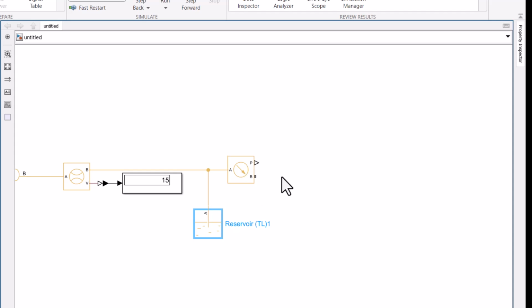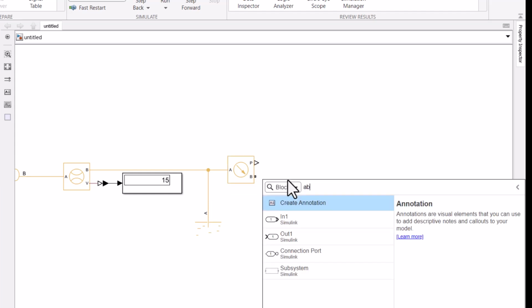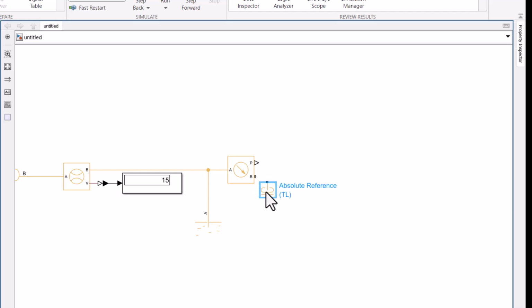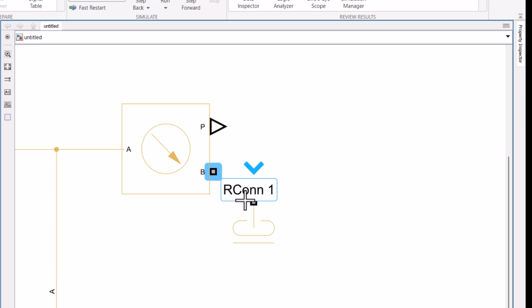And the trick for that is that if you want to know the absolute pressure, you have to connect the B port of the sensor to the absolute reference of the system. So absolute reference means somewhere which has 0 pressure and 0 temperature.